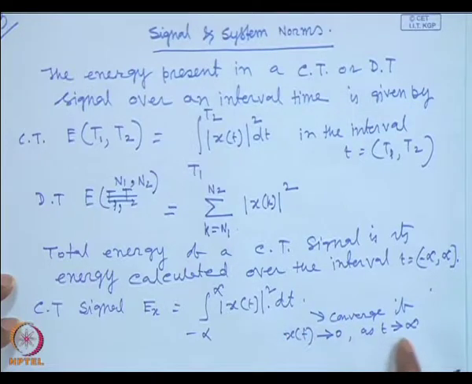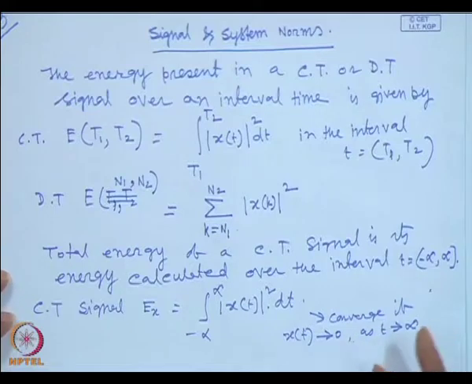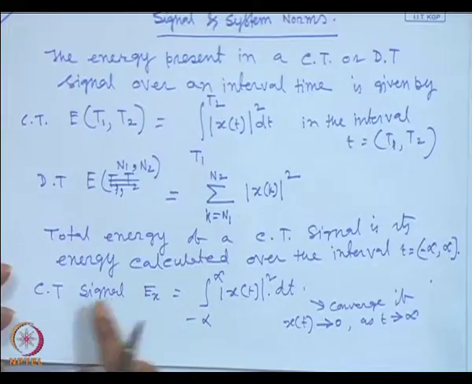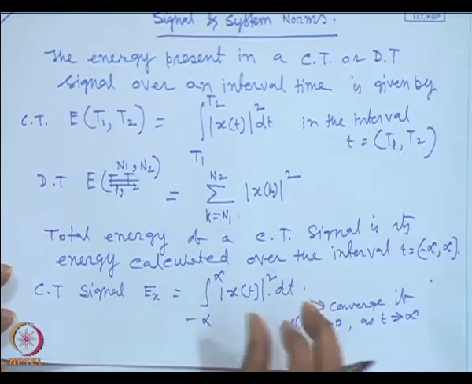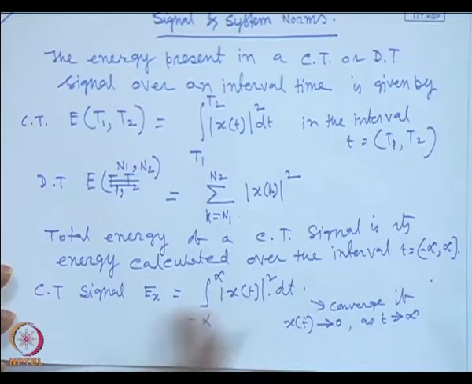If this condition is not satisfied, then we have to give some other meaningful definition of energy size or energy strength. So, we use the energy definition when the signal x of t tends to 0 as t tends to infinity.